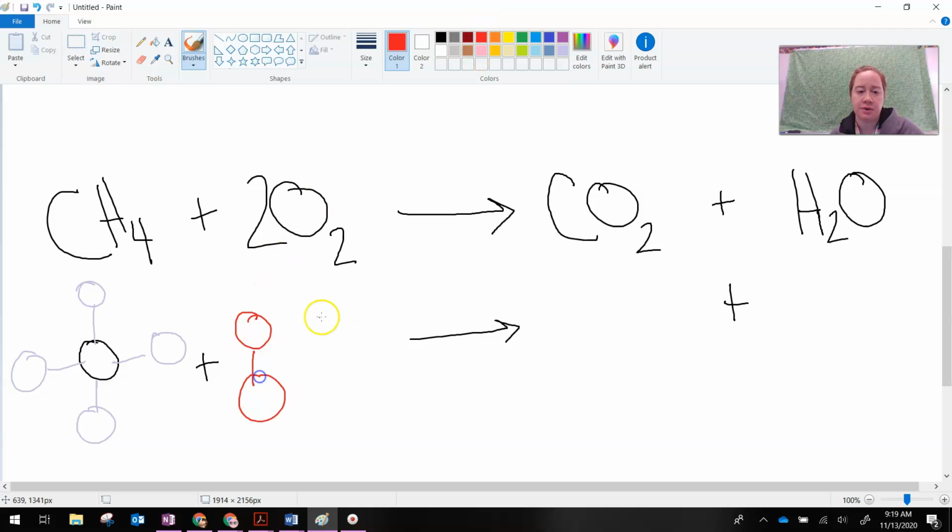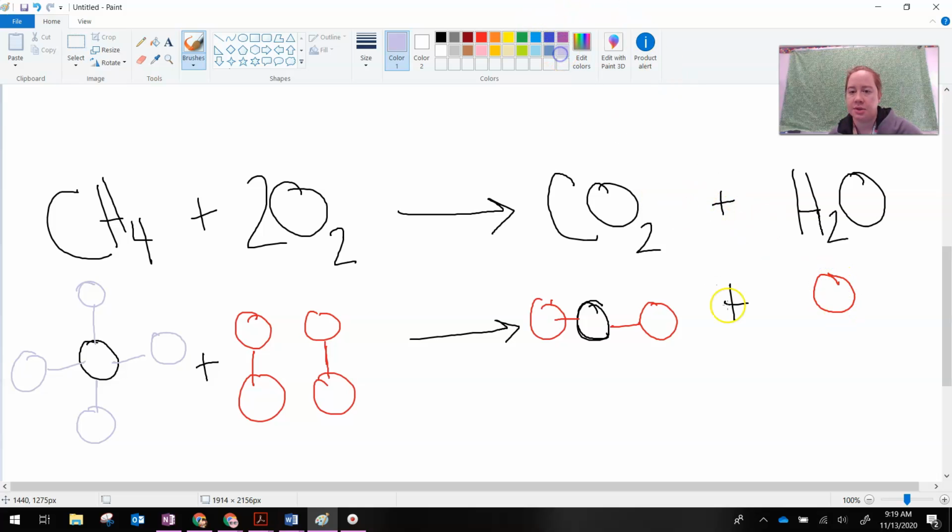So here's 1 O2 molecule, 2 O2 molecules. Then on this side, I had a CO2, which is a carbon atom in the middle. And I have oxygen over here and oxygen over here. And then we had water, which is 1 oxygen and 2 hydrogens.